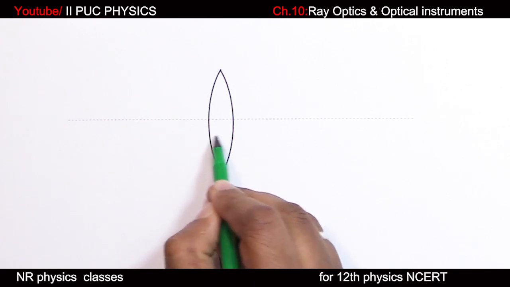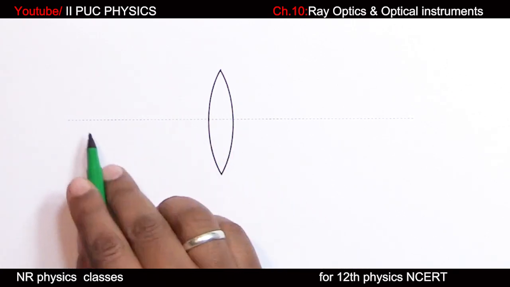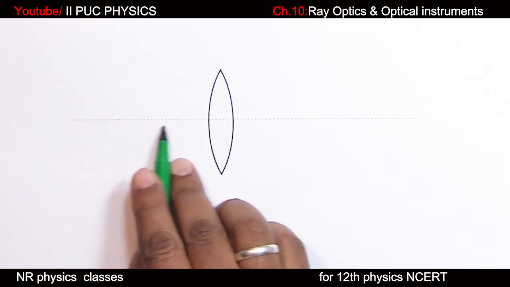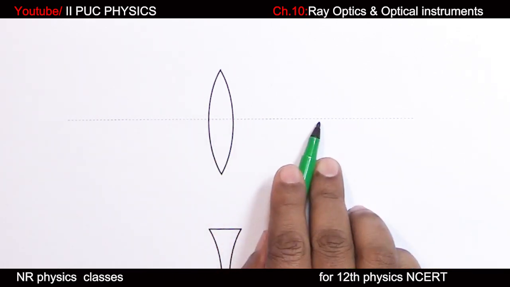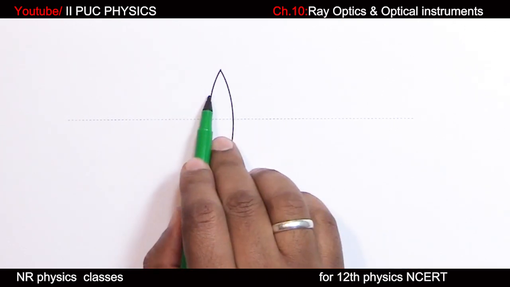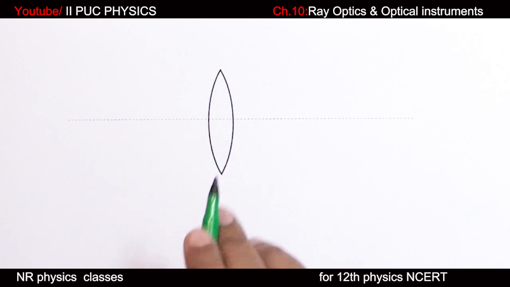So this is a biconvex lens. This line is the principal axis. Principal axis is that line which passes through the centers of curvature of these two surfaces.